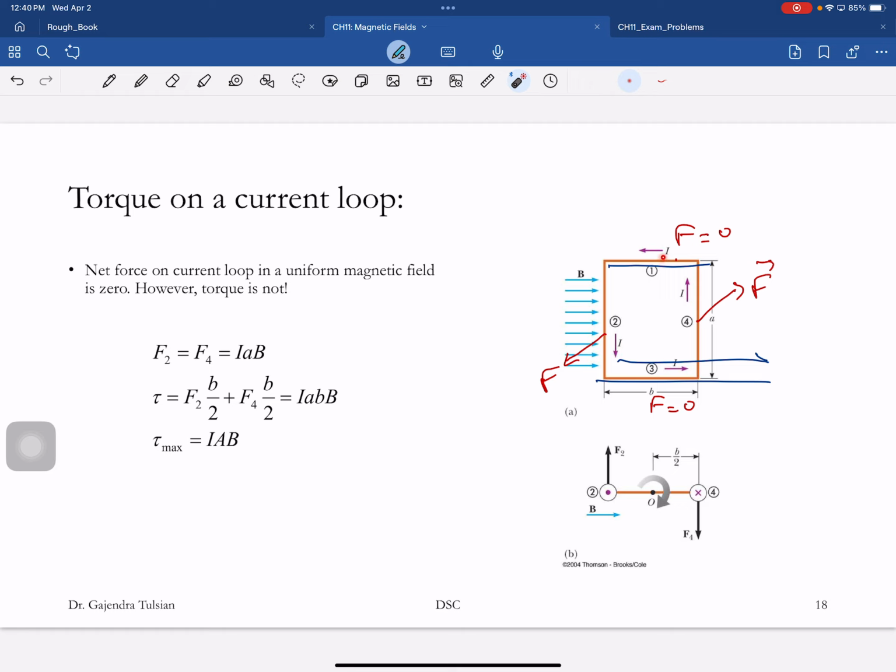The force on this side is 0, on this side is 0, on this side the force is in that direction, and on this side there's an equal and opposite force in this direction. So the net force is 0, but these two forces have a torque on this thing, and they will rotate this loop of wire about this axis like that.